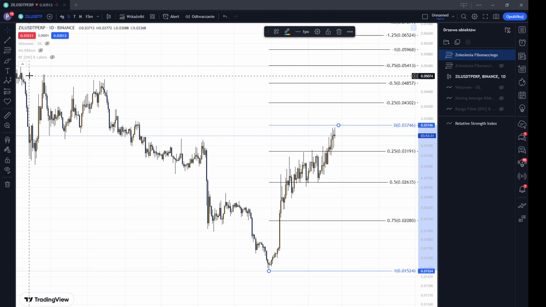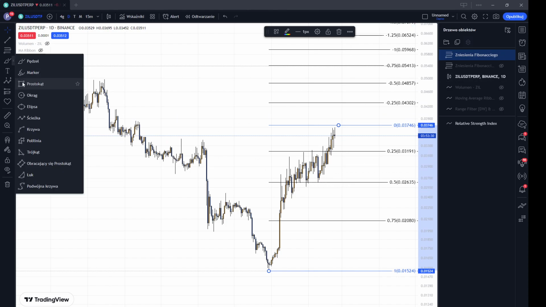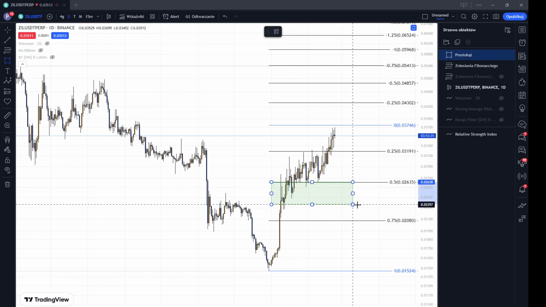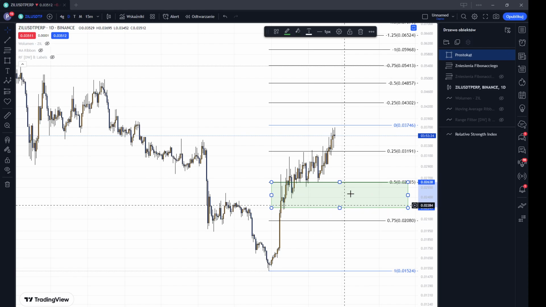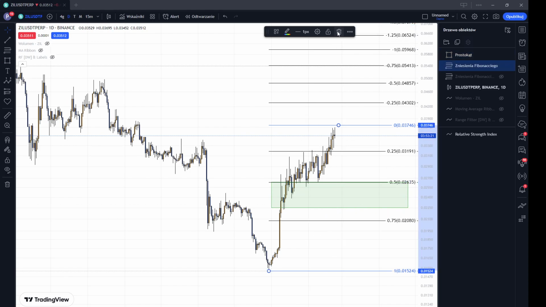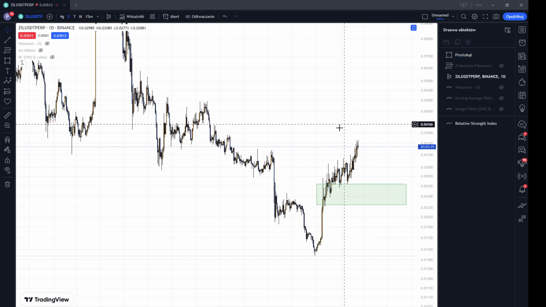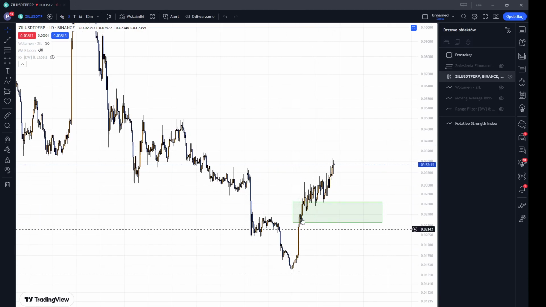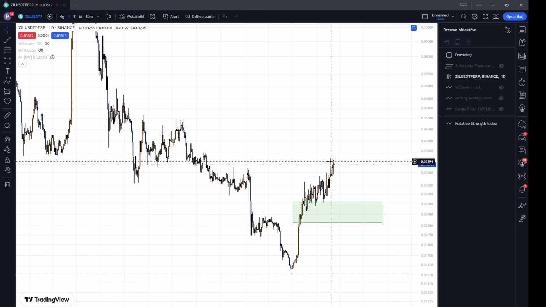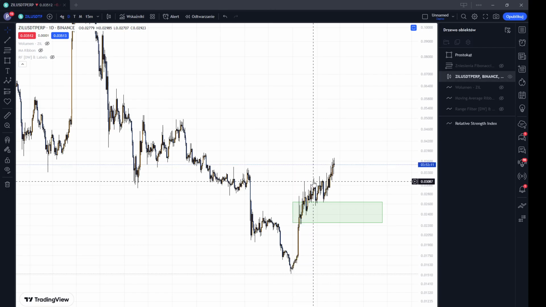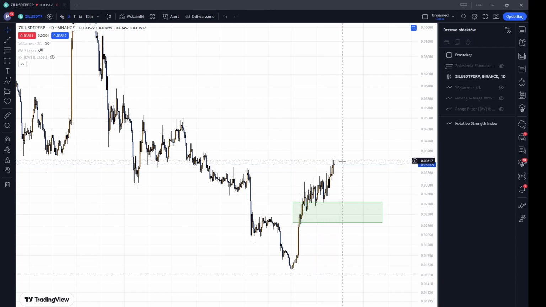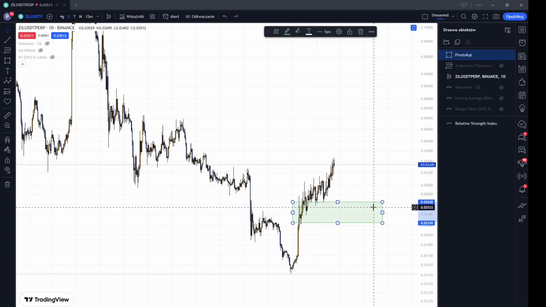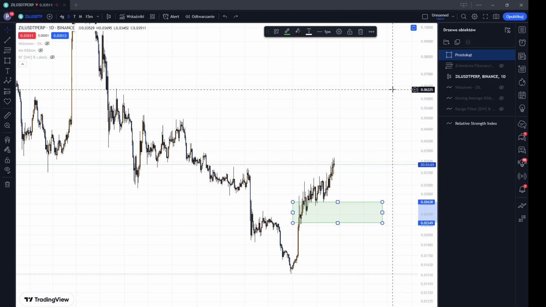I would expect a retrace to at least here before the next leg up. That would make it an impulse. So 1, 2, 3, 4, 5, retrace 3 waves down, and then possibly a rocket up.